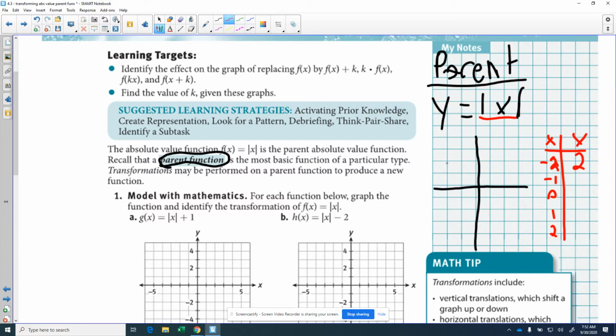So I'm going to go to -2, 2, and plot a point. -1 plugged in, the absolute value is just +1. 0 is going to stay 0. And when I plug a positive number into that value, there's going to be no change. So it's just going to stay positive. So we're going to have the points 1, 1 and 2, 2. And then we create this V-shaped graph built like this.